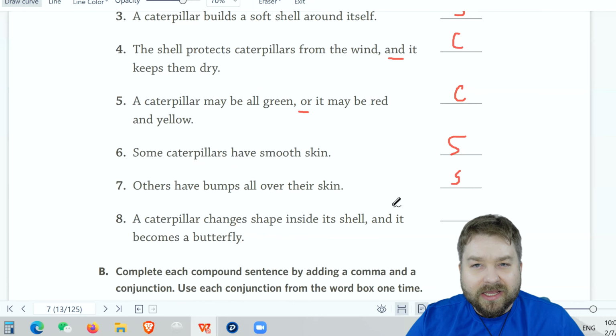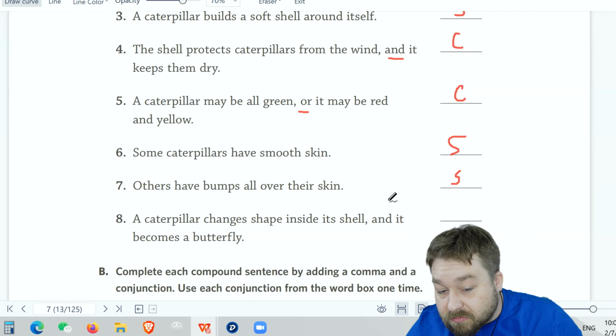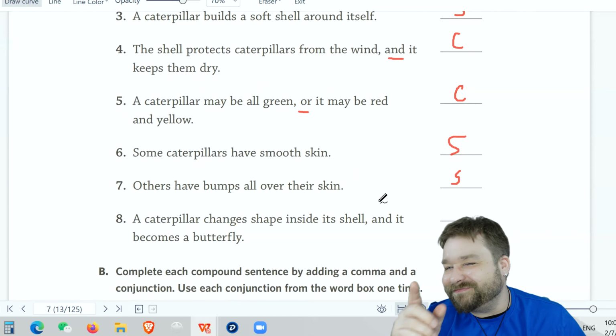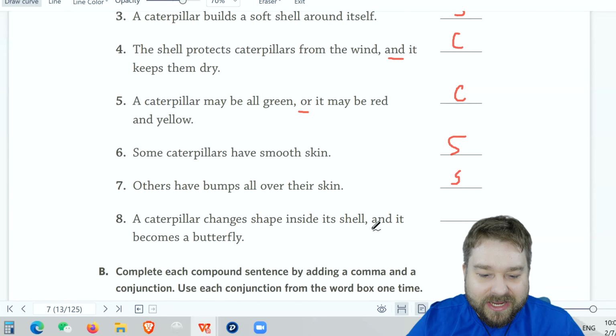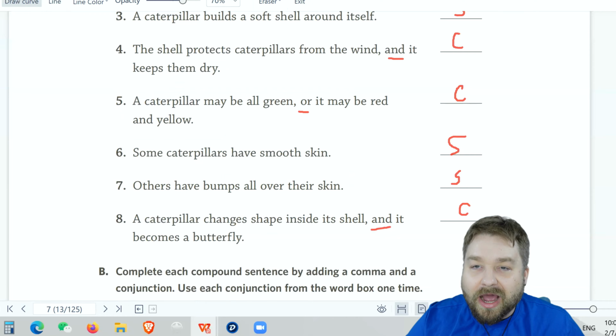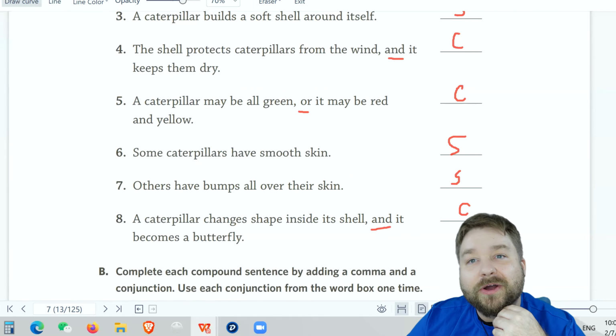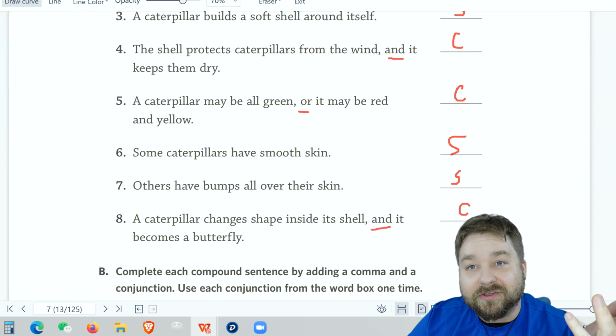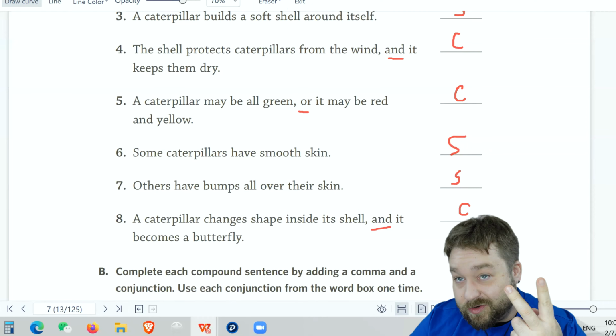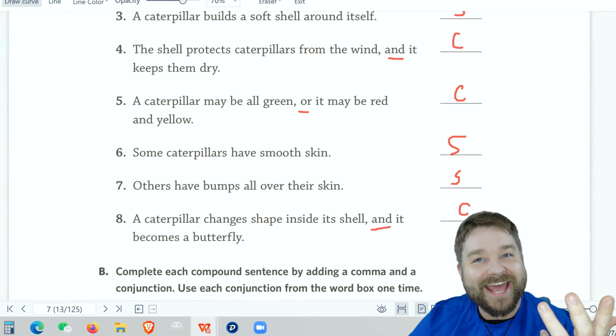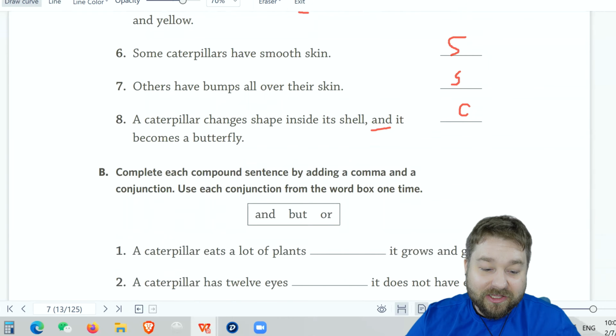And number eight, a caterpillar changes shape inside its shell and it becomes a butterfly. It's a compound sentence, you're right. So now you know how to do a compound sentence, right? We add two ideas together with either but, and, or. Hey, cool. Let's take a look at part B here.